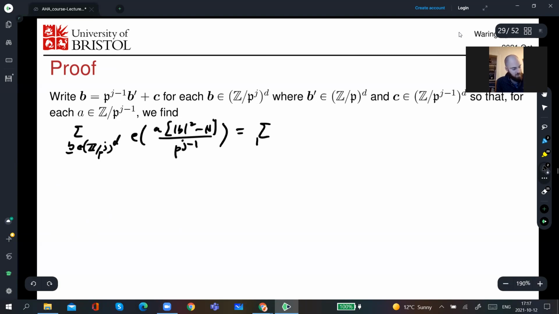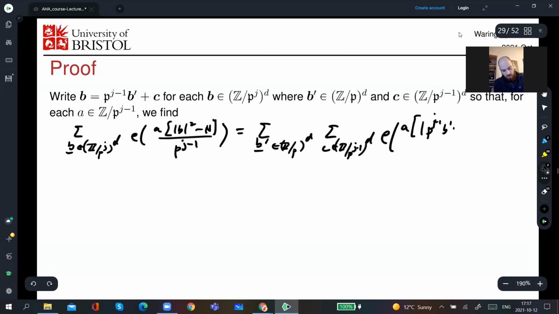That is just a sum over b prime in z mod p to the d, a sum over c in z mod p to the j minus 1, and I have e of a times p to the j minus 1 b prime plus c, squared minus n, all over p to the j.